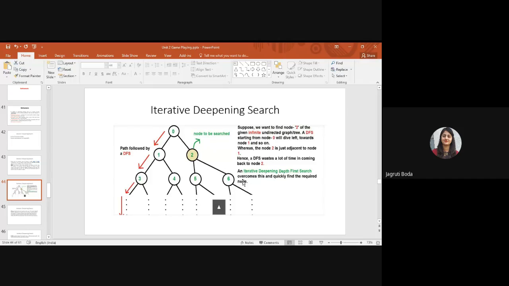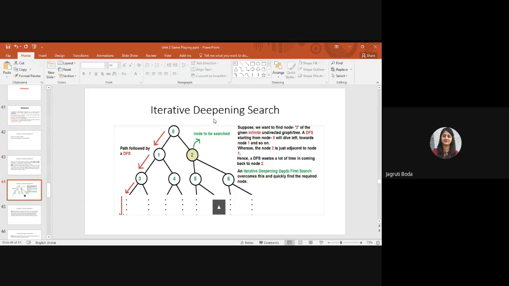So we build a new algorithm that provides the advantages of both BFS and DFS. You can see here that node 2 is near the root, but DFS finds a different path and only then finds the goal state. So it takes lots of time to compute your answer, right?